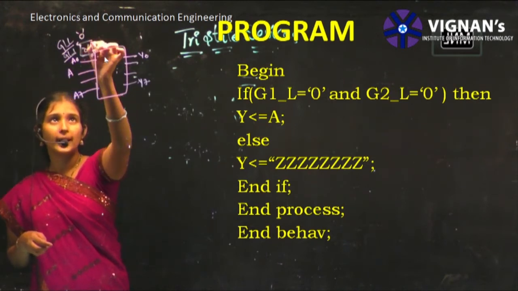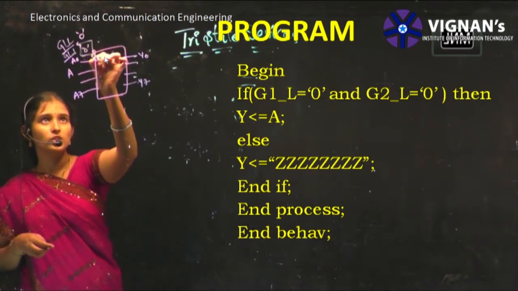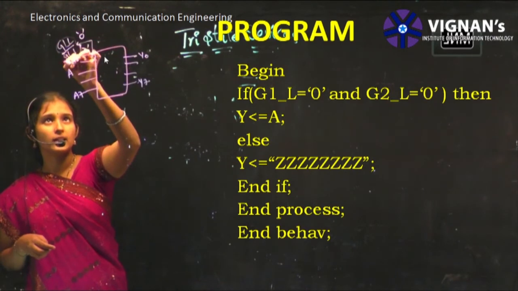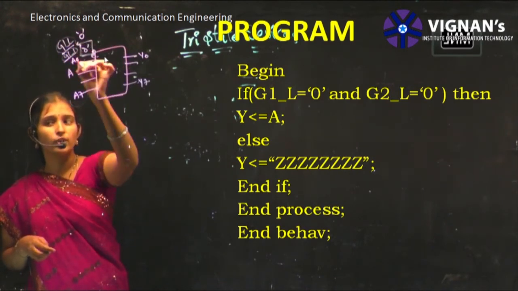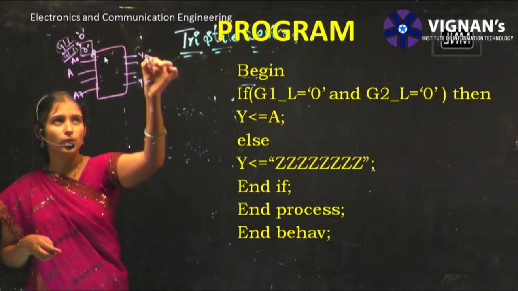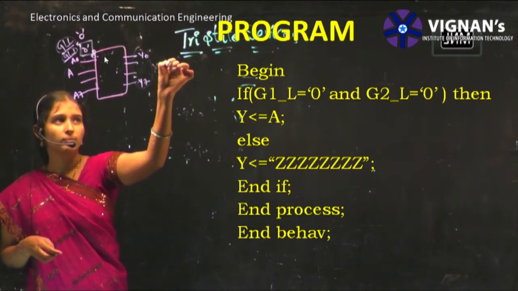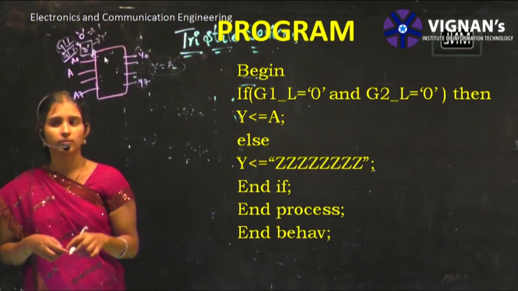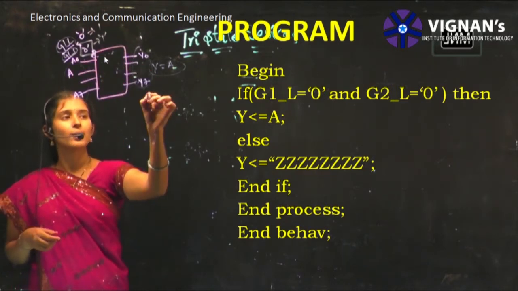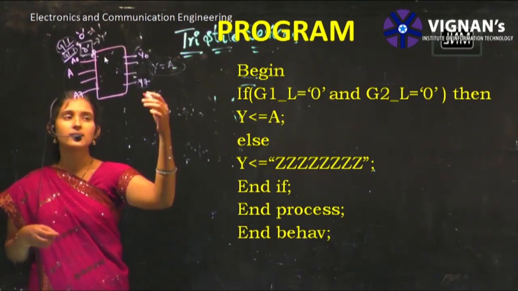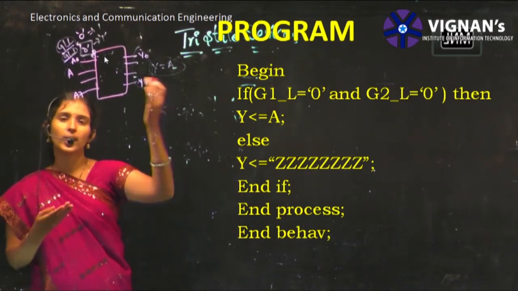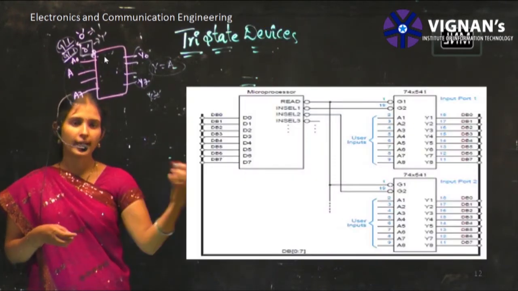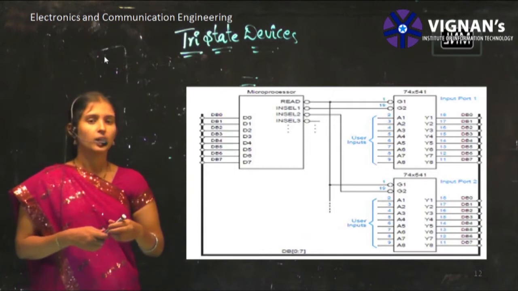These two are enabled, and they are active low signals. As these two are enabled, whatever your input will be passed to your output, so Y is equal to A. If enable input is equal to 1, Y will be a high impedance value, that is Z. You assign the Z value to Y. Then end process.